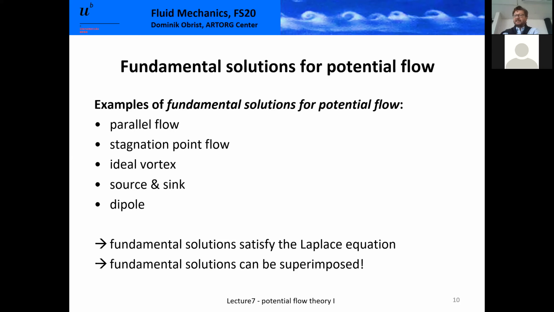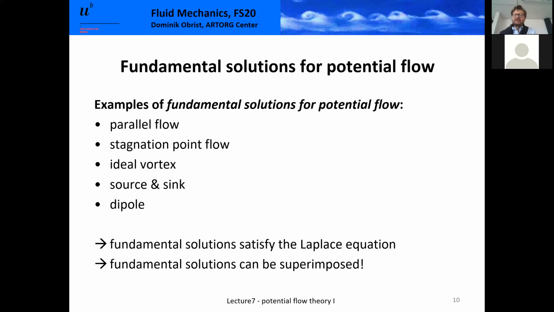We saw it's a really simple, a linear function. We introduced a stagnation point flow, the ideal vortex, source and sink, and dipole. All of these flows satisfy the Laplace equation for the potential. We wrote down on the blackboard the potential function for that, and we wrote down the stream function for these fundamental solutions.